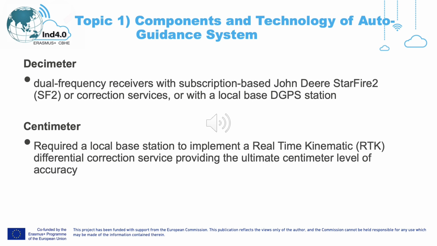In the centimeter accuracy level, a local-based station is also required to implement a real-time kinematic differential correction service, which provides the ultimate centimeter level of accuracy. In certain locations around the U.S., local networks of permanent RTK-based stations have been established by private entities to provide fee-based coverage of areas with relatively high demand for superior positioning accuracy.